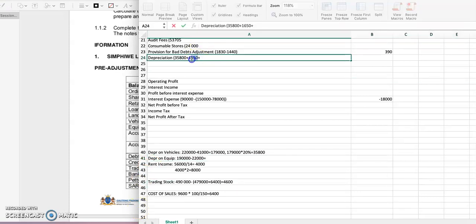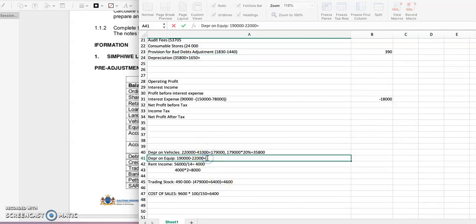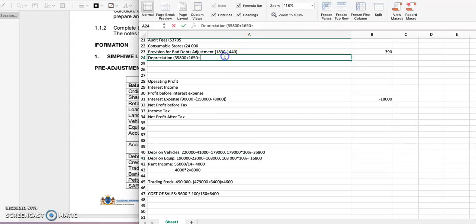It's here. If we don't subtract it, that means we're going to calculate depreciation on that computer twice. And that is obviously not correct. So this amount should be 168,000. And we're going to take 168,000 times 10%. And that should give you 16,800. So we need to add that too.